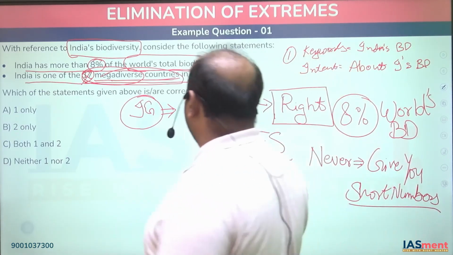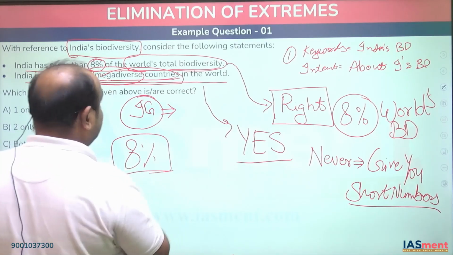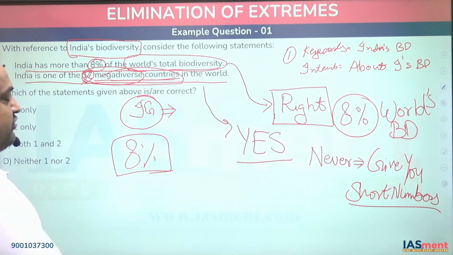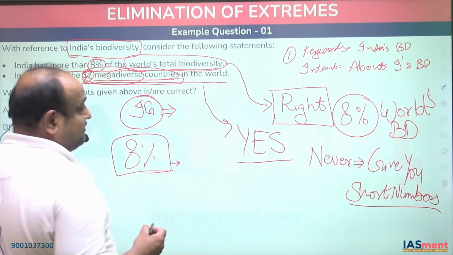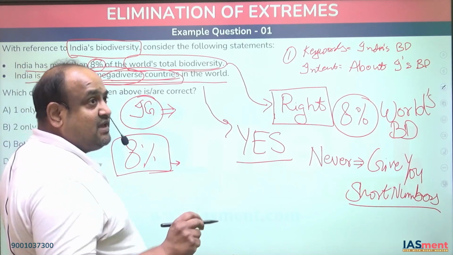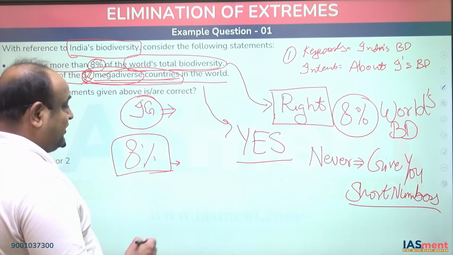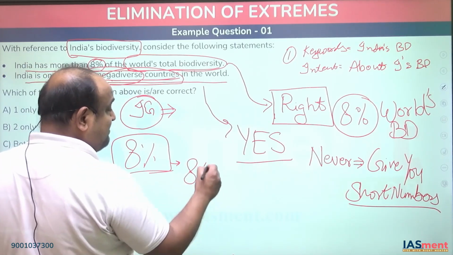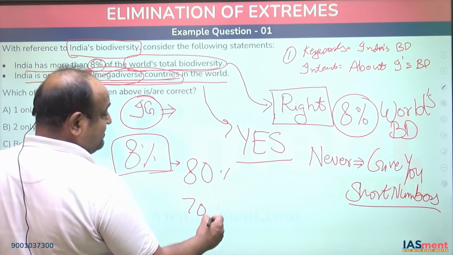Suppose India has 8% of world's total biodiversity. If UPSC has to make this option wrong, then what they can do is make it 80% or they can make it 70%.